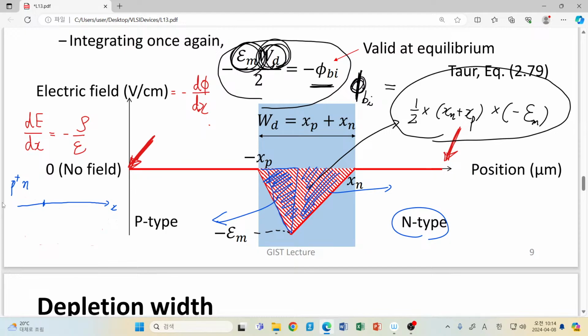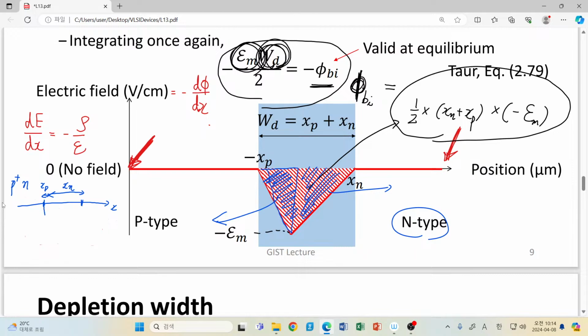Then you can see that most of your depletion region will be consumed by your n-type region, and you will have an extremely short distance for your p-type region.